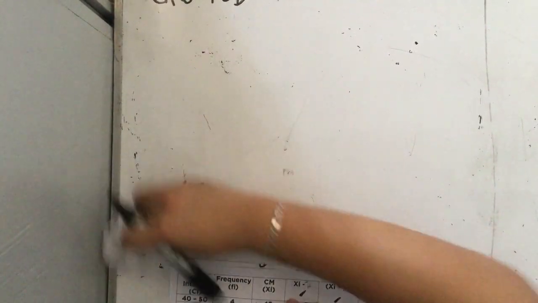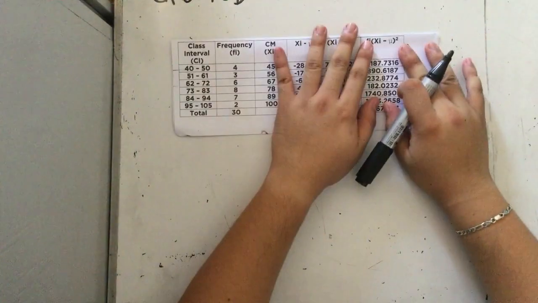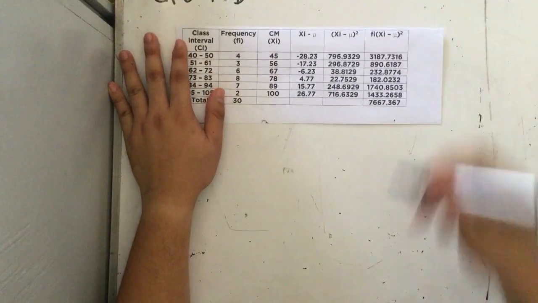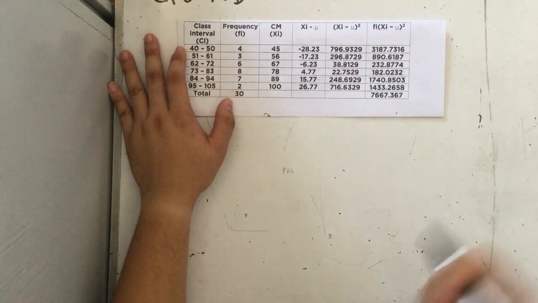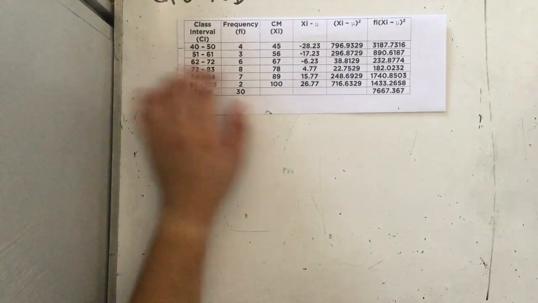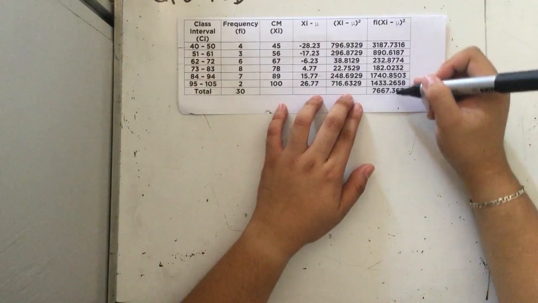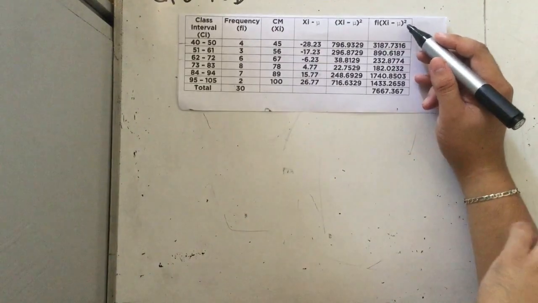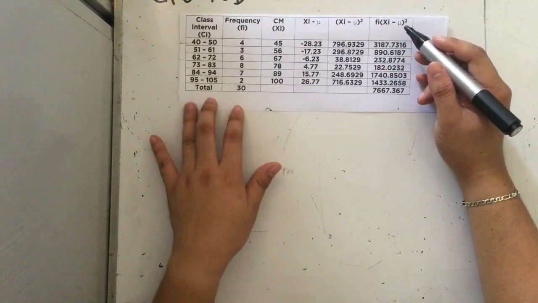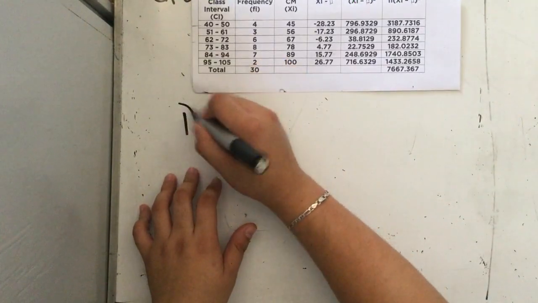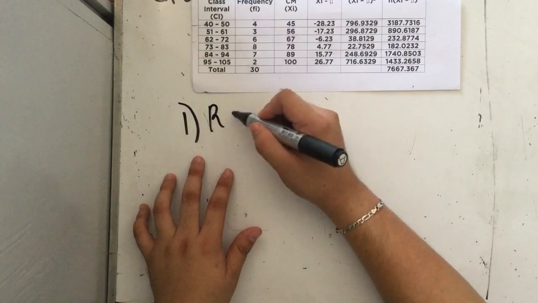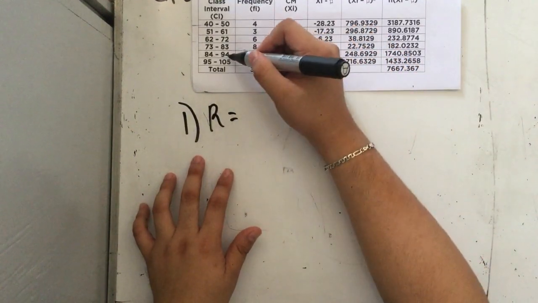Okay, once we have our table, madali na natin i-compute si ating measure of variability. So actually, I already have the computation here. So after we compute, kukunin lang natin yung summation ng f of I times x sub I minus our mean square. Okay, so first we get the range. Okay, so in getting the range, we just need to have the highest value.